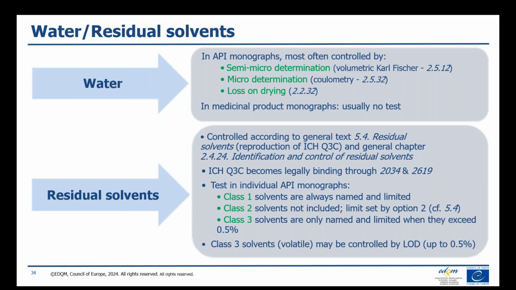And for the class 3 solvents, they are only named and limited when they have a limit which is above 0.5%. And the class 3 solvents, mainly the volatile solvents, can also be controlled by the loss on drying test.